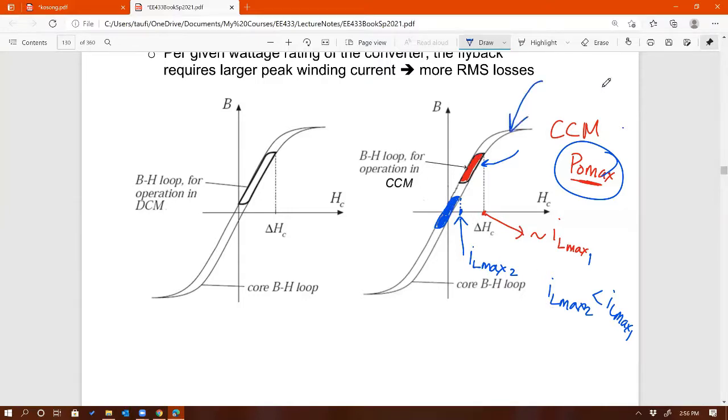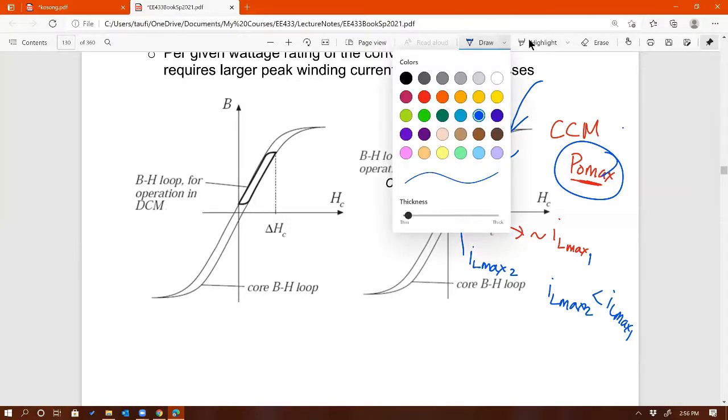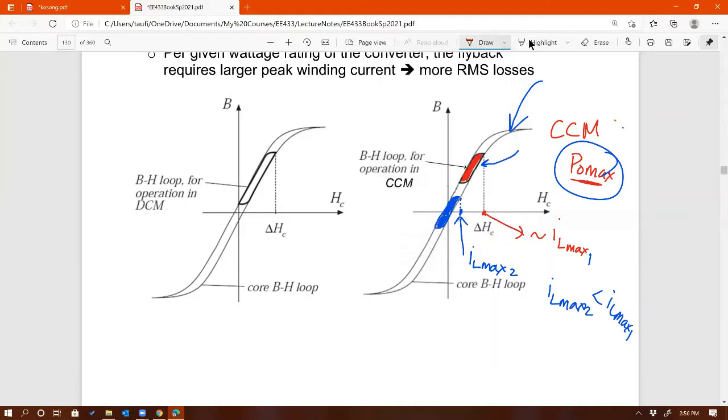I can just buy a smaller core that has a BH curve that covers this major loop like this. You agree with that? I don't need a big core, I just need a smaller core that has this major loop. That's the implication of this. Hopefully that makes sense. Any questions on this?